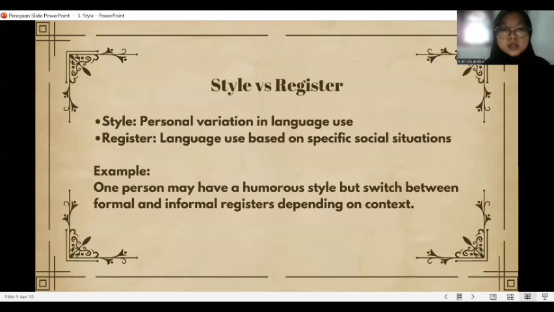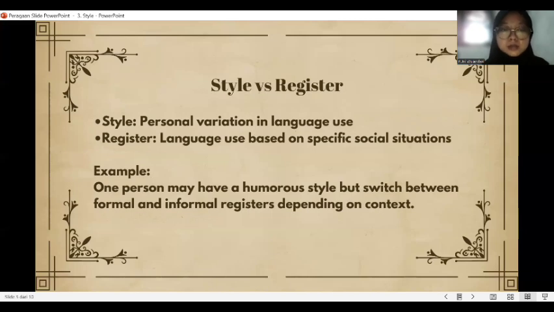Style versus register. Style is about individual variation in language use. It's flexible and personal. Meanwhile, register is about situational language use, formal, informal, neutral, based on social setting.